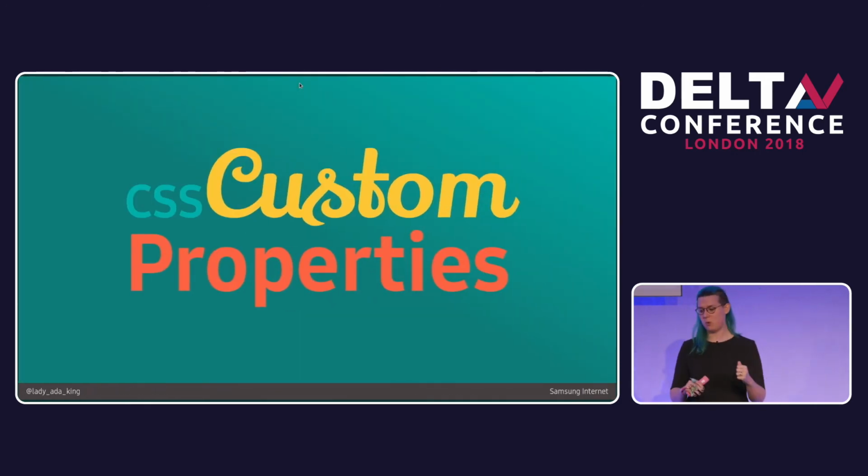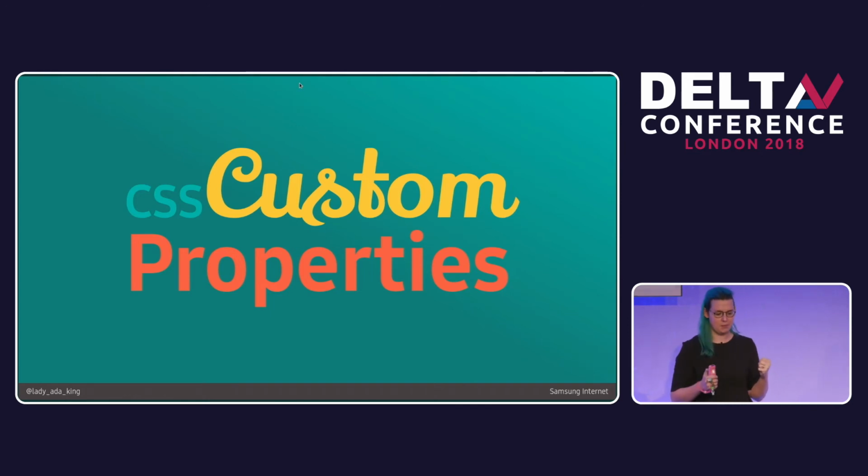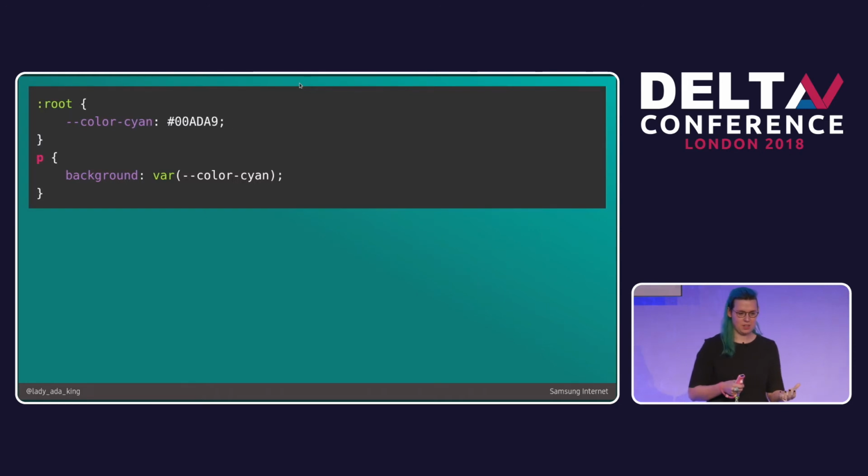Cool, and finally, whoa, I'm low on time, I need to go through this quickly. CSS custom properties. CSS custom properties are super, super amazing. They're kind of like variables for CSS. So here I have color cyan, which in this case is the color in the top right of the slide, and my background is var color cyan.